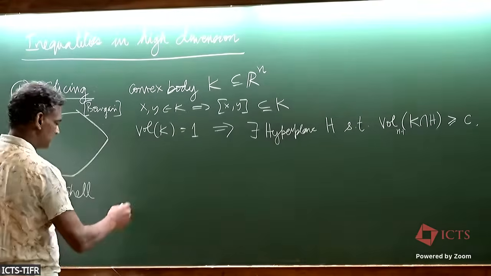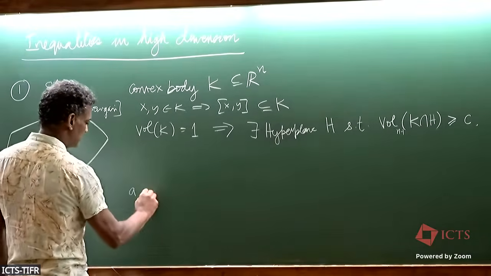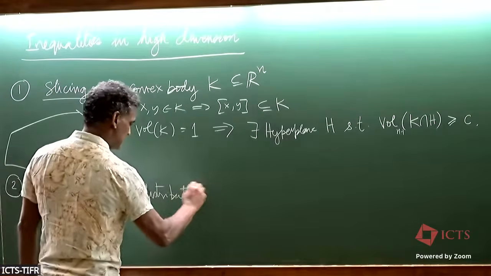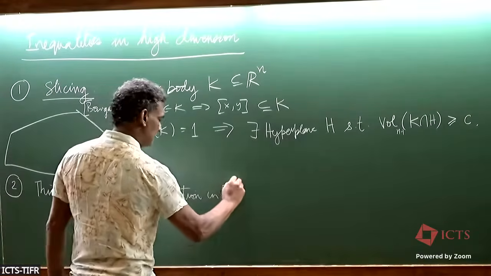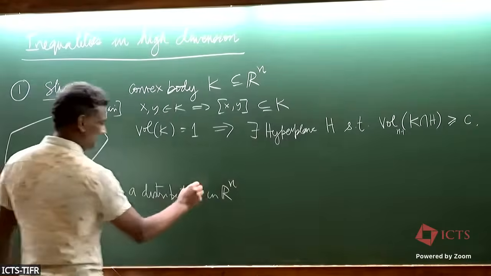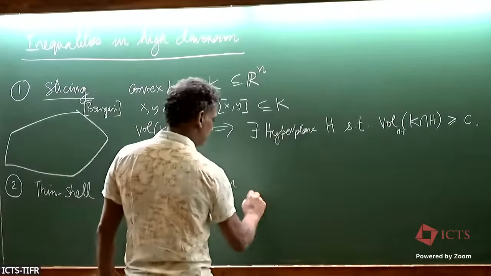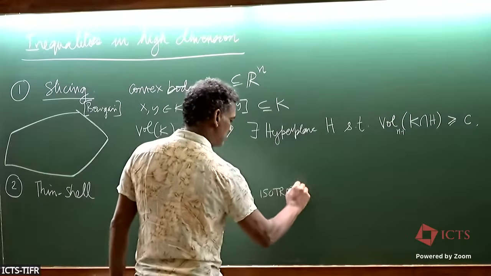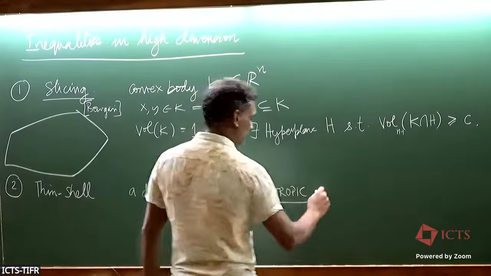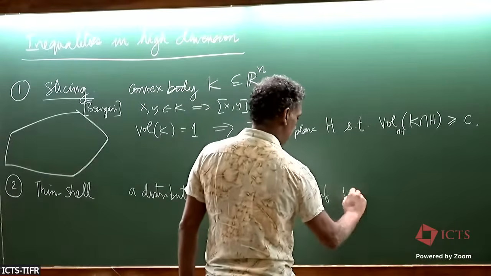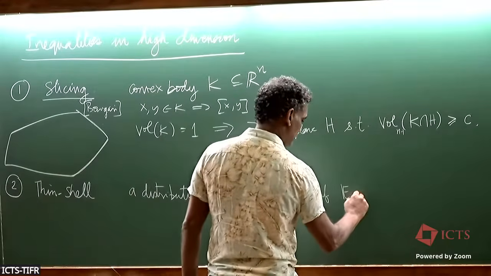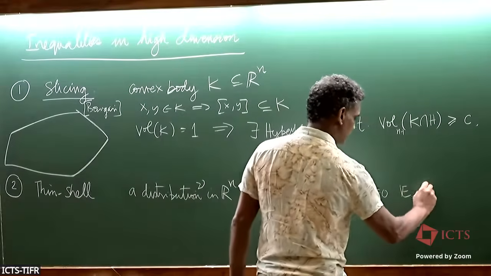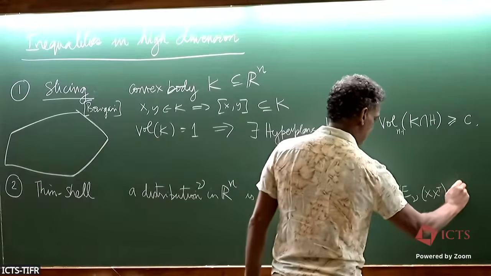To state this, a distribution nu in R^n is isotropic if the expectation, the mean, according to nu, is 0, and the covariance is the identity.